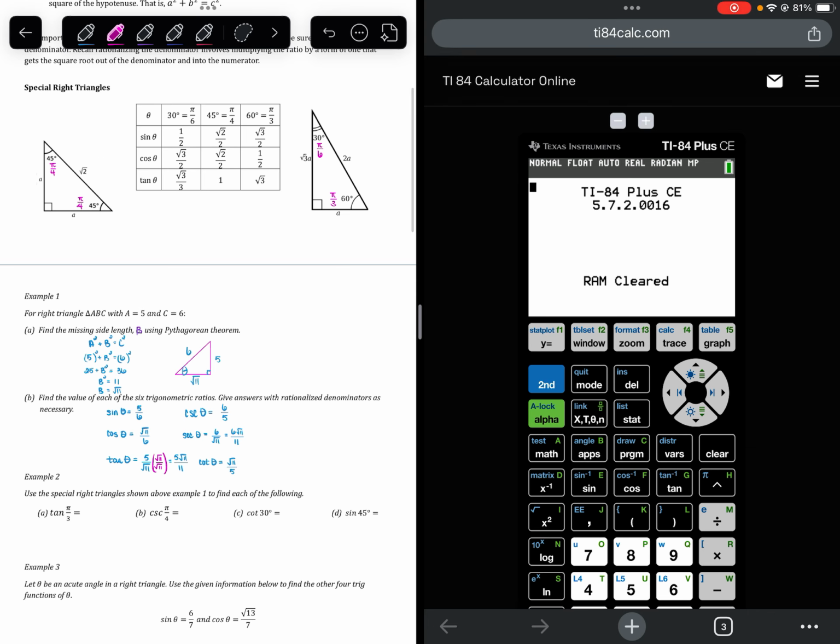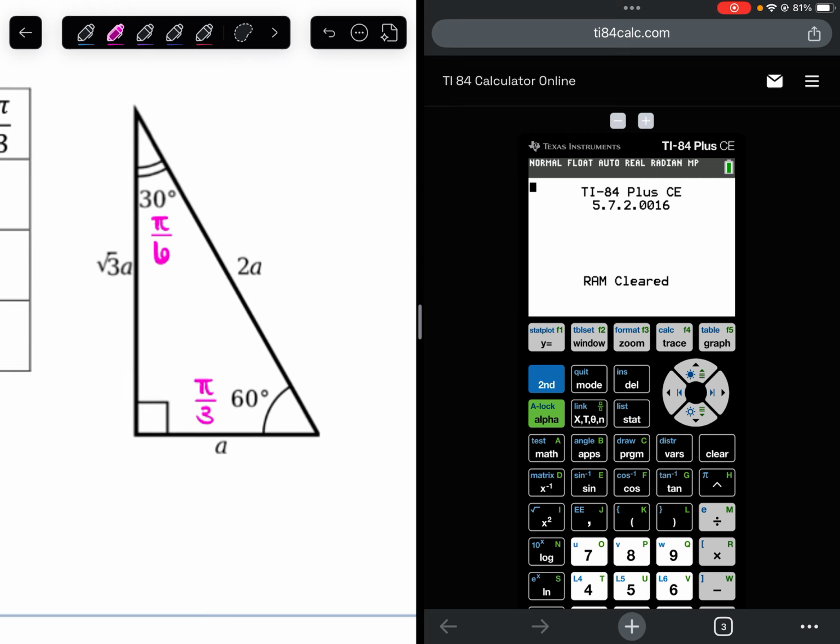All right, so tangent of pi thirds. If we go look at our pi third angle, 60 degrees, 60 degrees is your pi third angle. Tangent, based on that pi third angle, is the ratio of the opposite leg, which would be this one because we're talking about this angle right here, to the adjacent leg.